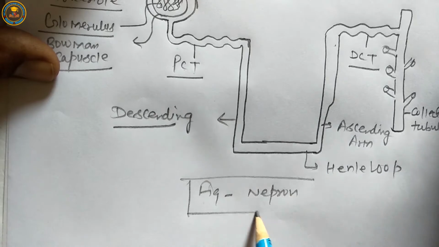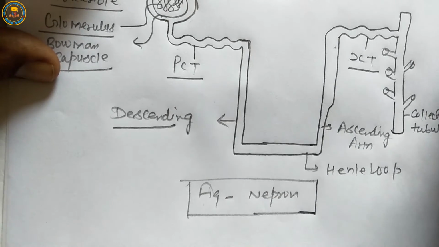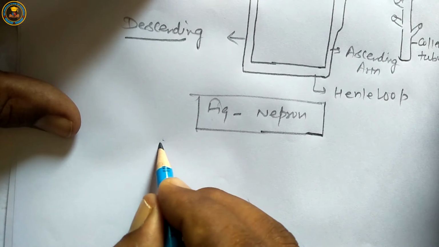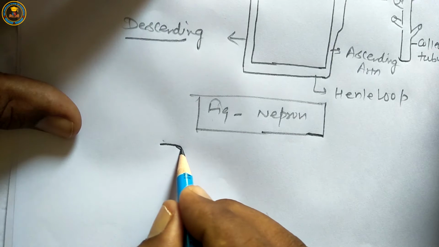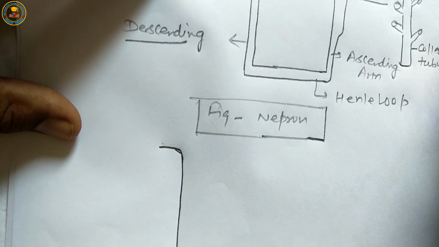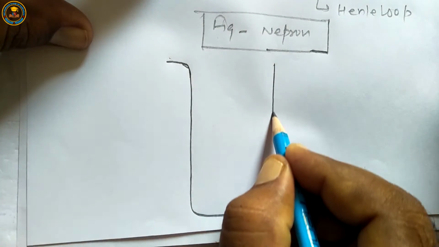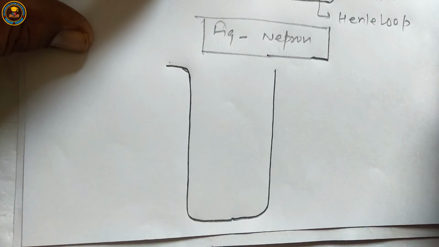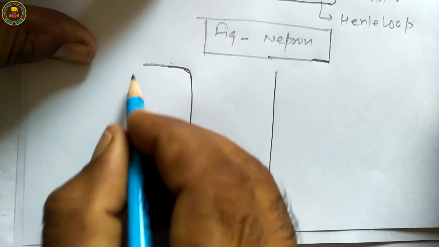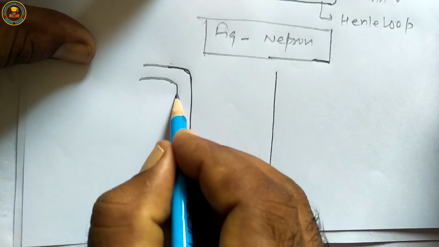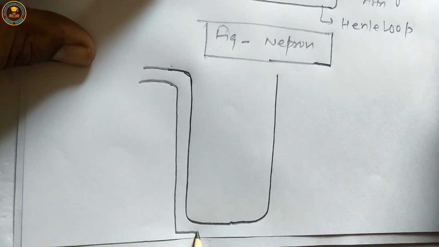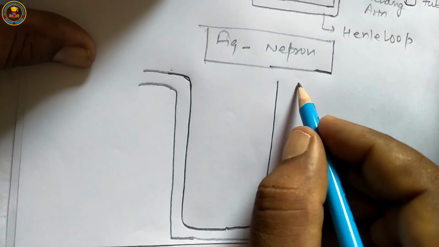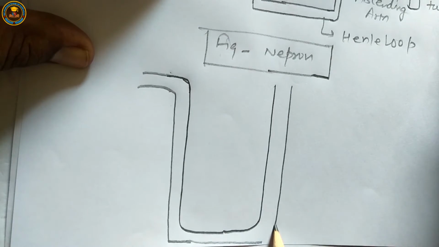Students, nephron is the structural and functional unit of human kidney. Next I draw a figure of another U-shaped structure, vasa recta. Formation of vasa recta is by efferent arteriole.